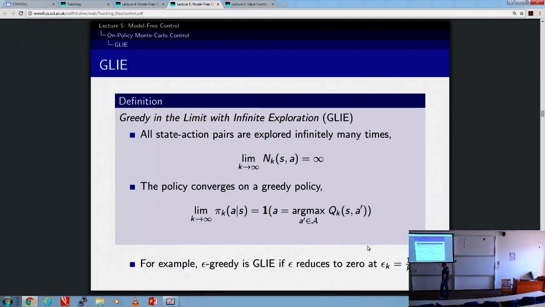And if you implement epsilon greedy where epsilon, for example, goes with 1 over k, where k is the trial number, then you actually have this GLIE property. Because epsilon is never 0, you always have a probability of exploring all these different cases, but it's also approaching 0 as time goes by. We can show that this actually converges to the greedy policy.